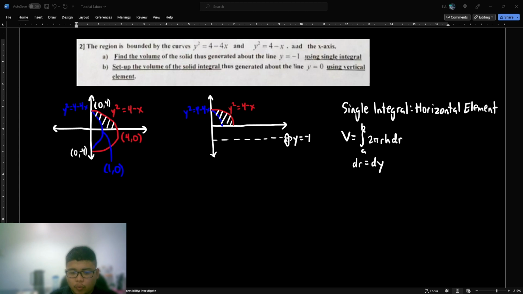Now, what would be our radius? Our radius is actually the distance of the element itself to our axis of revolution.